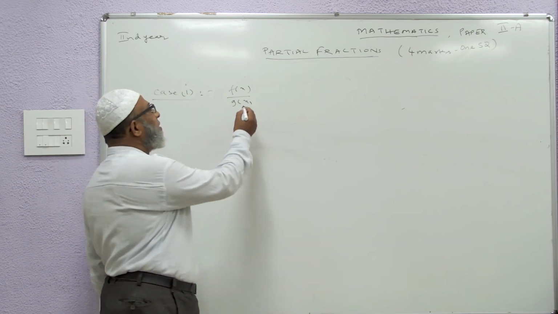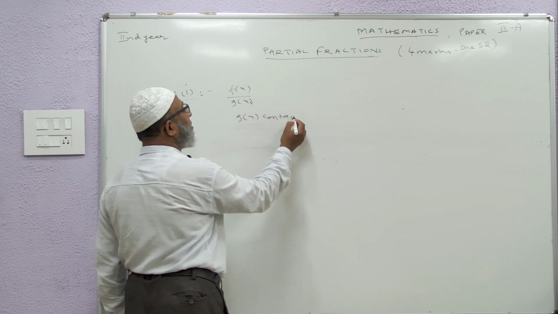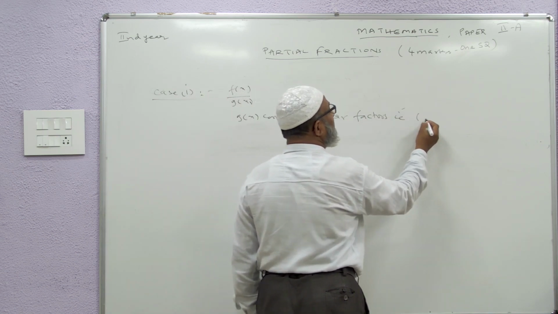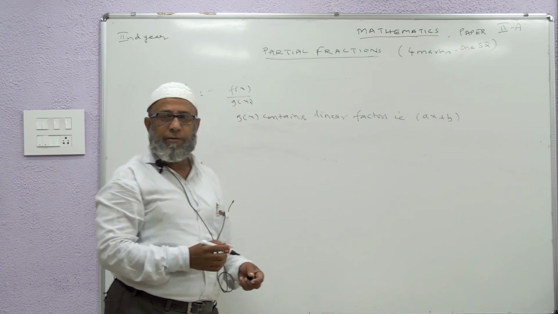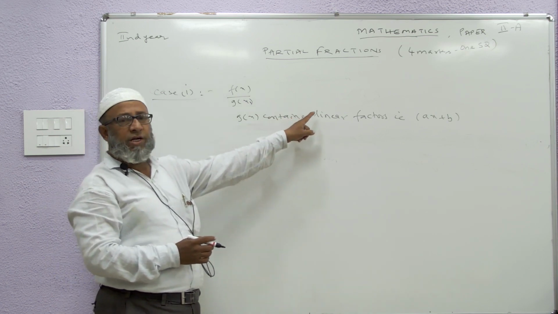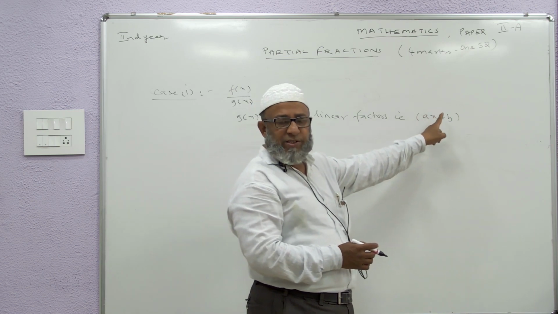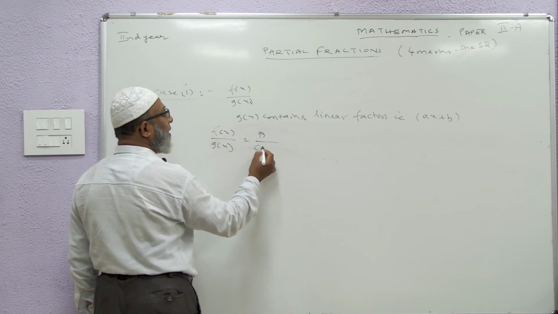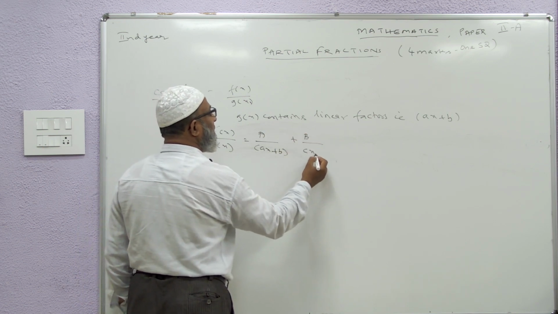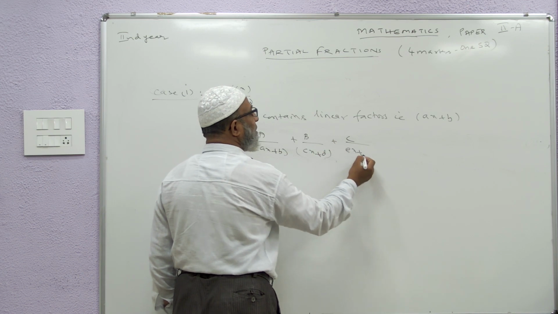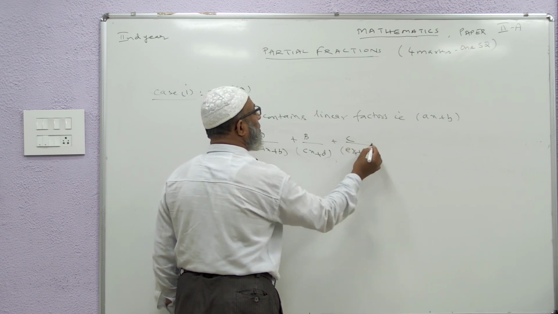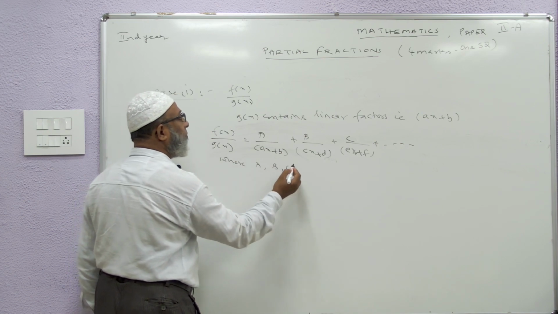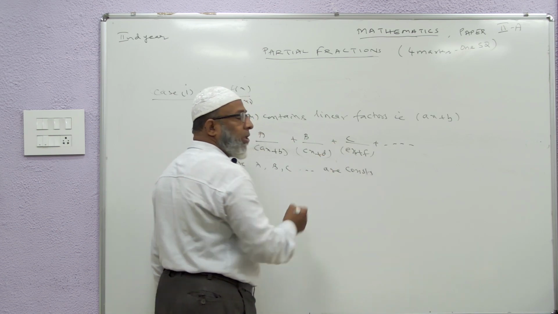Here, if g of x contains linear factors, that is in the form of ax plus b, then the substitution is f of x by g of x equal to A by ax plus b, plus B by cx plus d, plus C by ex plus f, and so on, where these capital A, B, C are constants to be found out.